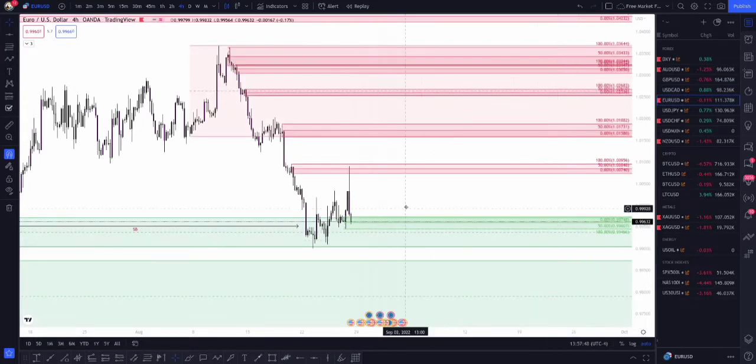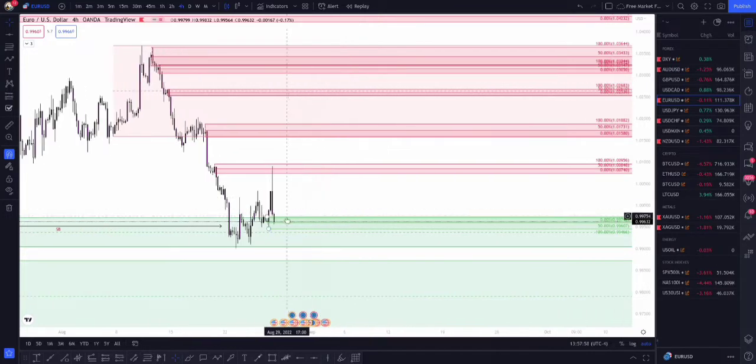All right, Euro USD. In the short term, I should say there are more long positions here in Euro USD. We did finish out in this unmitigated 4 hour demand, which is also resting inside of this institutional accumulation area.